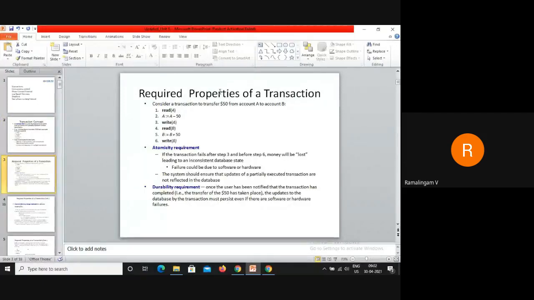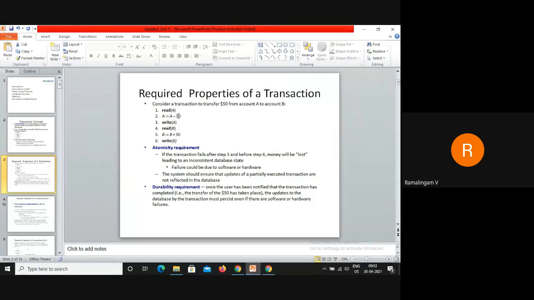While you're doing a transaction, there are 4 different properties that should be maintained. In order to ensure accuracy, completeness, and data integrity, that's why we go for the ACID properties.